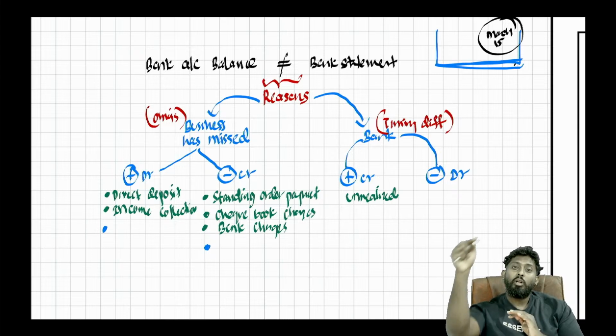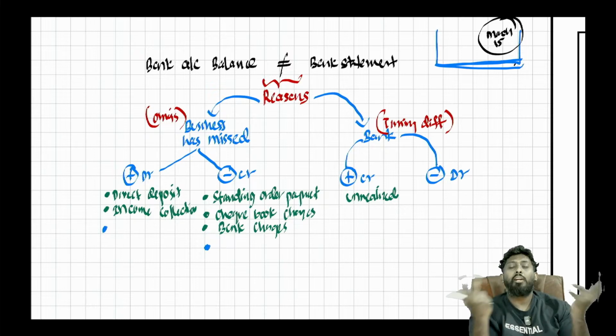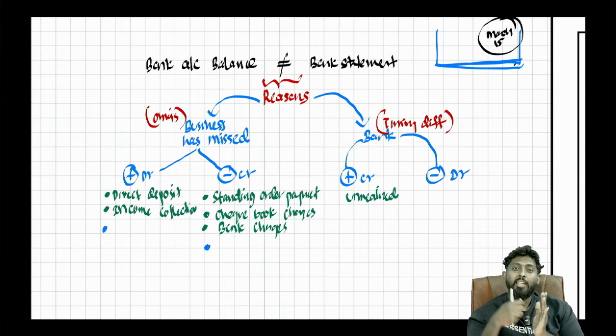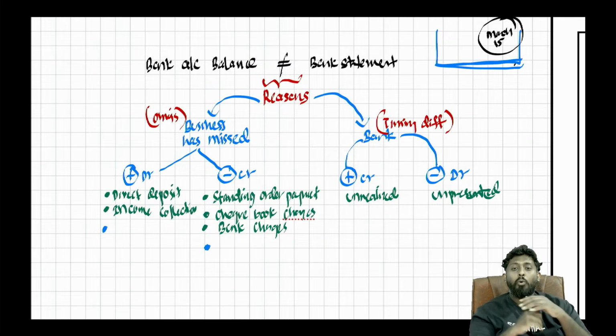Because you did not present the check to the bank before February 28, the bank wouldn't have deducted. That's why we call the checks we issued, which the bank has not deducted, unpresented checks. I hope you all understood the main reasons for the difference.